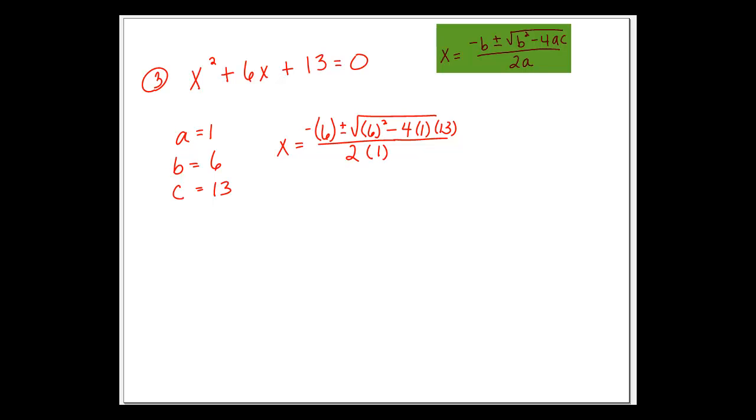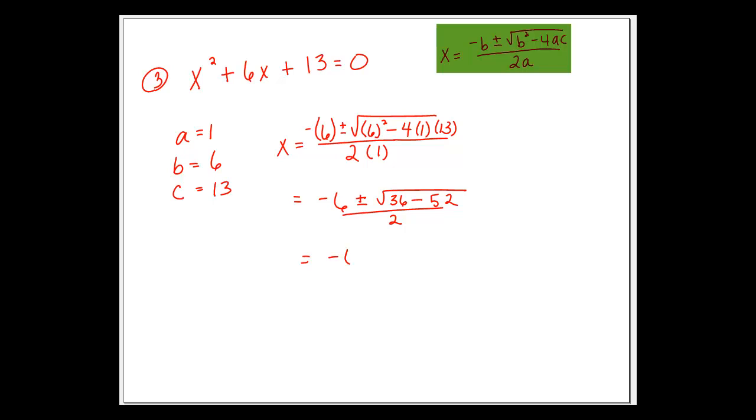Simplifying, we get negative 6, because there's only one negative there, plus or minus. Positive 6 squared is positive 36. There's only one negative sign. Negative 4 times 1 times 13 would be negative 52, all over 2 times 1, which is 2.